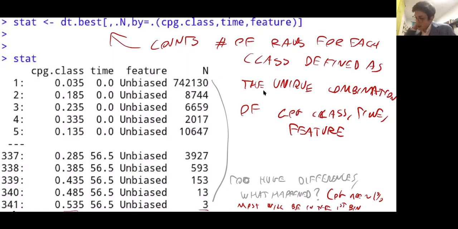This is something that I always like to suggest, because here I intentionally made a mistake, something not too precise: I defined the CPG class as bins that are evenly spaced.